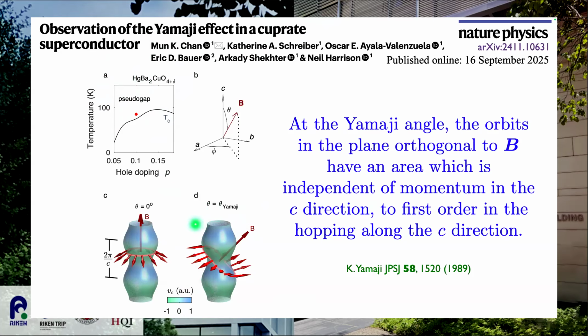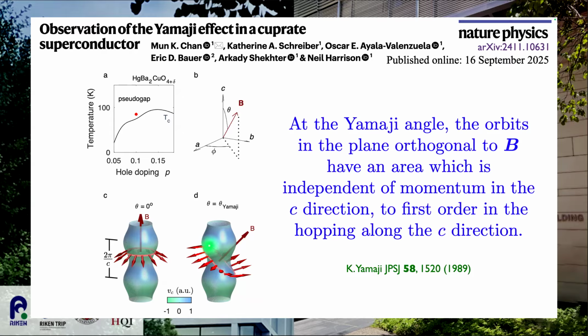Now, what Yamaji pointed out was that if you apply a magnetic field at some angle theta and measure the resistance in this direction. So now, semi-classically, you expect the electrons to undergo this orbit. And the area of the orbit is what determines the dispersion in the z direction.